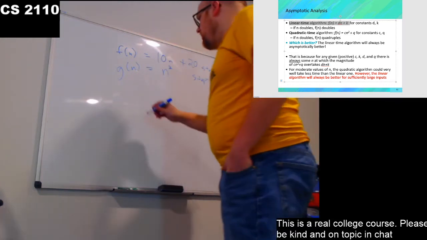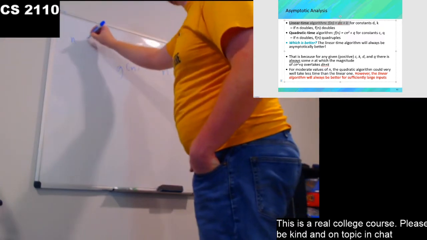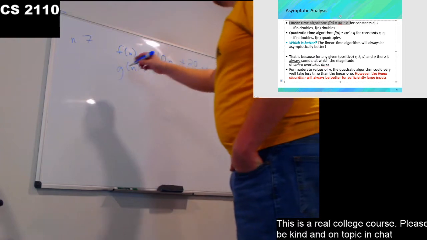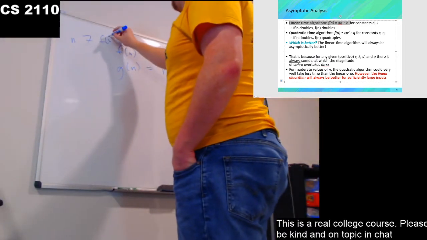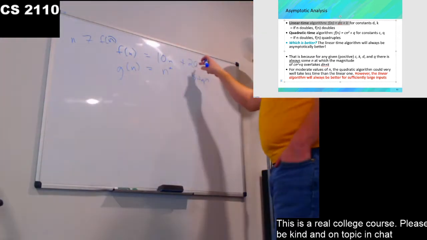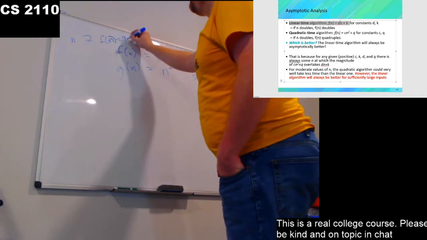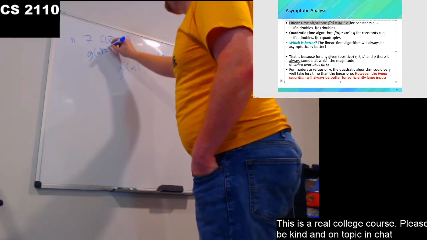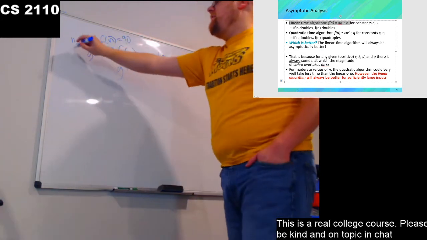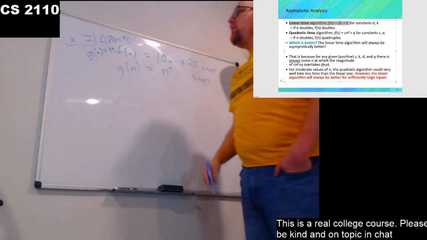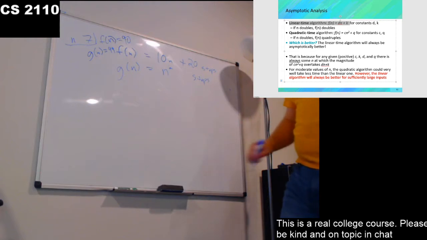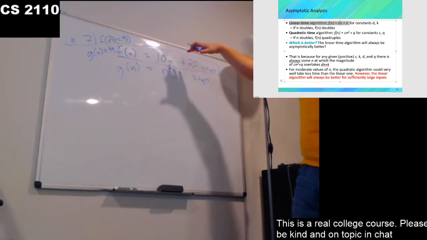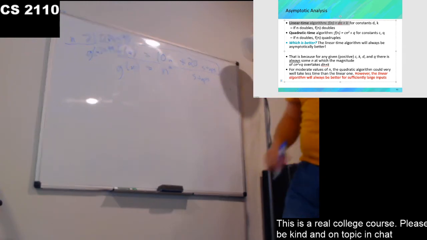For example, let's say n were equal to 7. If n were equal to 7, then f of n is 70 plus 20, it's 90. Whereas g of n is 49. So look, in this case, g of n is better. But algorithmically, this algorithm, f of n, is considered better.